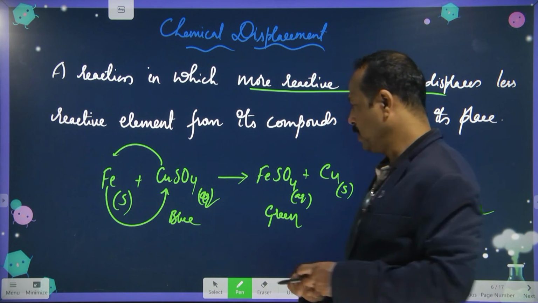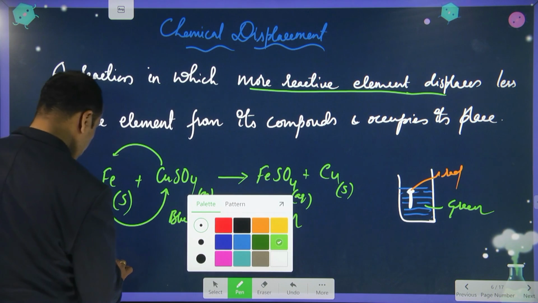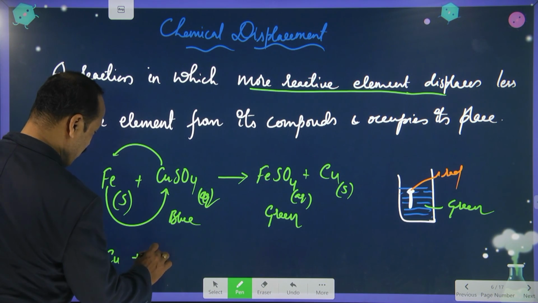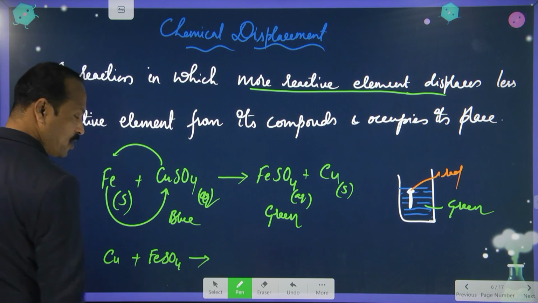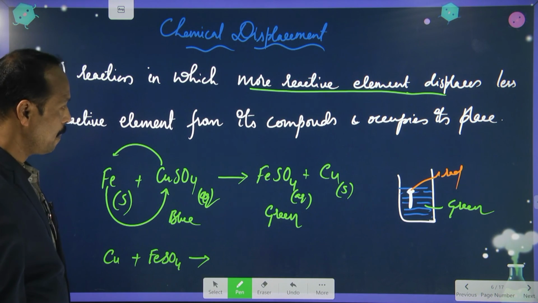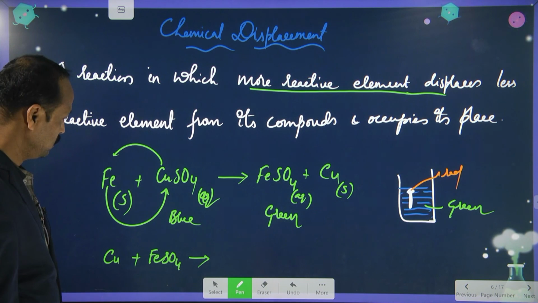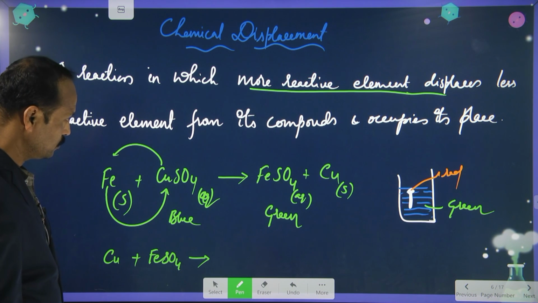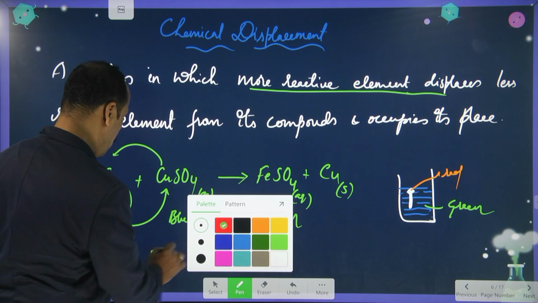Now, for example, if I take copper and add it to iron sulfate solution, what are the products from here? But your answer is wrong.